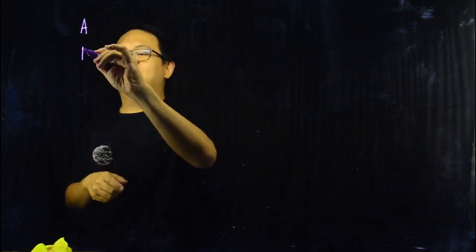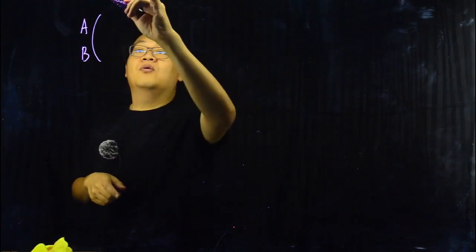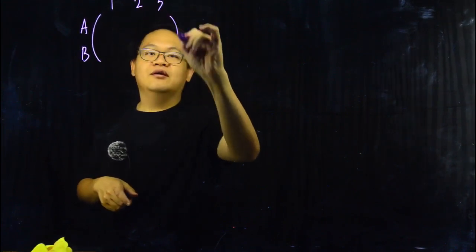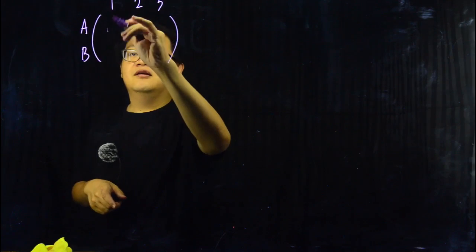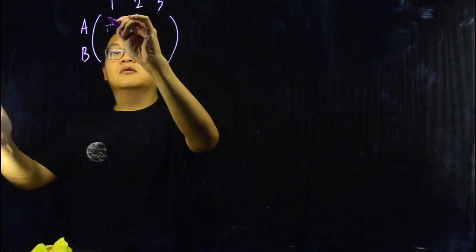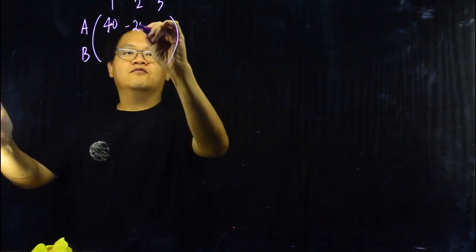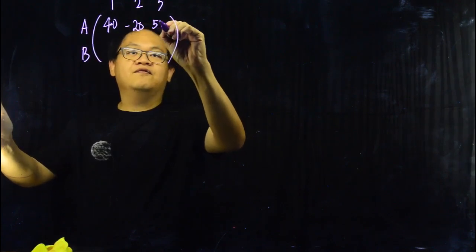So now let's go back to the previous example where we didn't have any saddle point. Let me just quickly write the payoff table. A, B, 1, 2, 3. And this is 40, negative 20, 50.